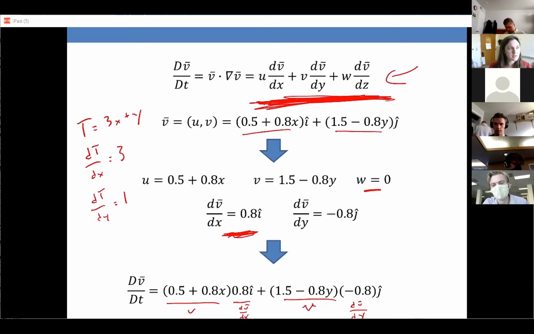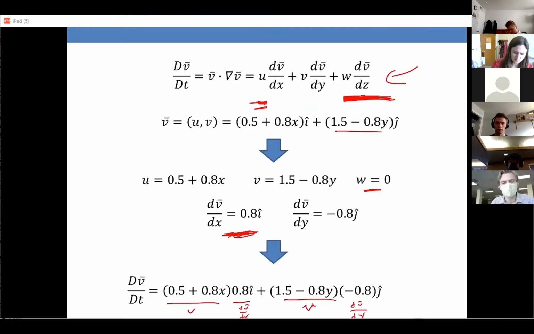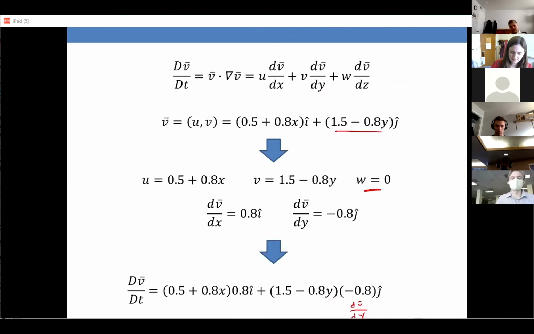Okay, I'm going to give you a practical example here. We might care about what the acceleration on a little piece of fluid is for lots of reasons. For example, that gives us the force on that piece of fluid, because force is mass times acceleration.